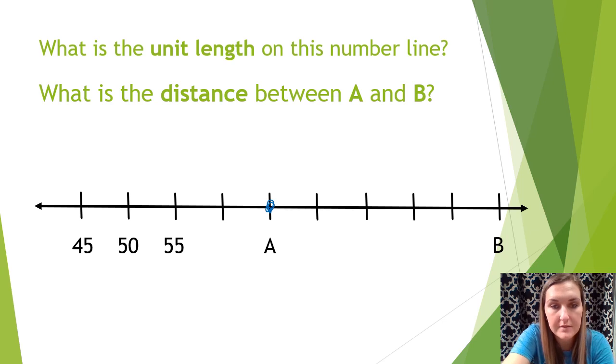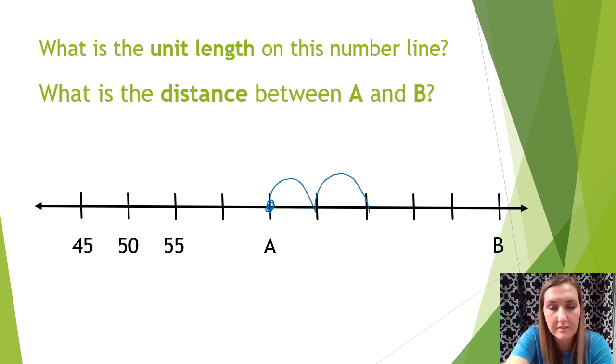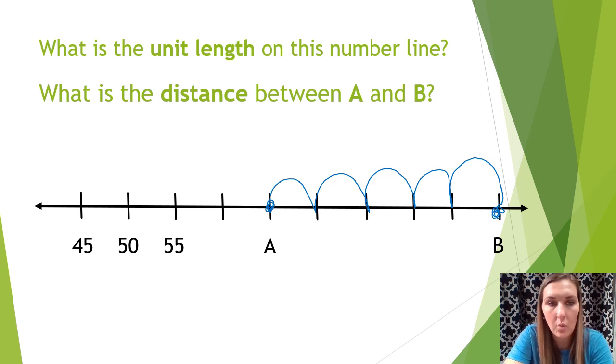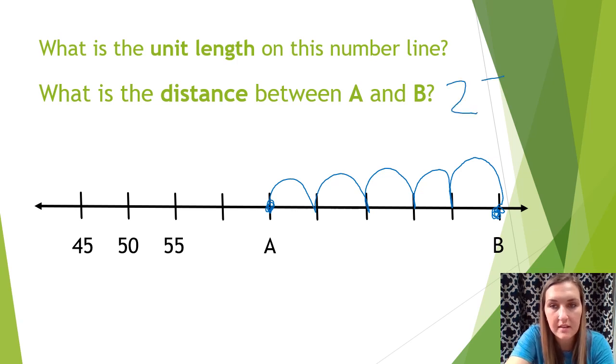Skip count by fives. Ready? And we'll stop at B. Go. 5, 10, 15, 20, 25. Stop at B. What is the distance between A and B? The distance is 25.